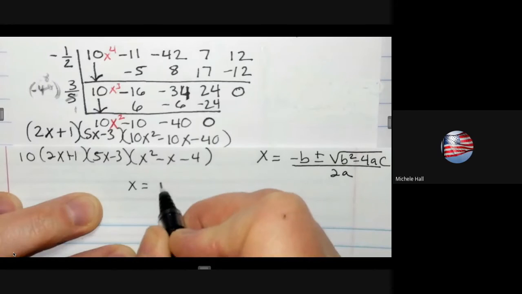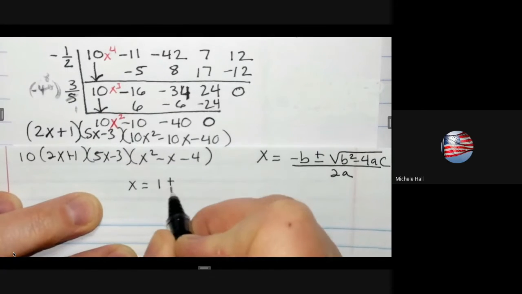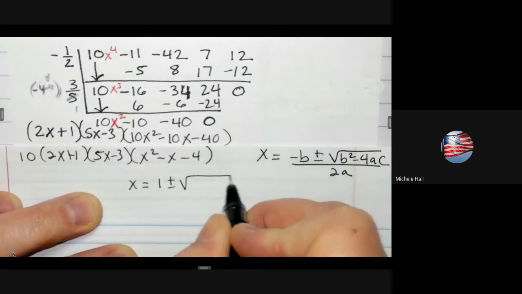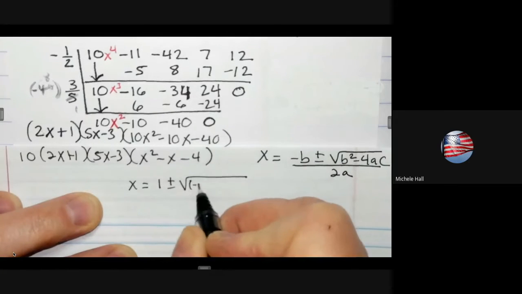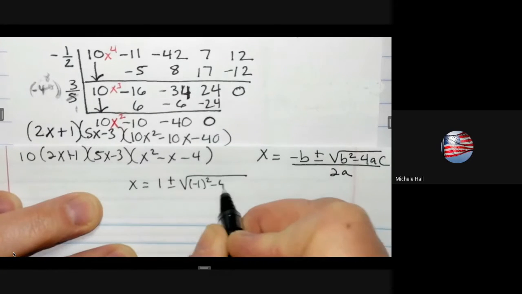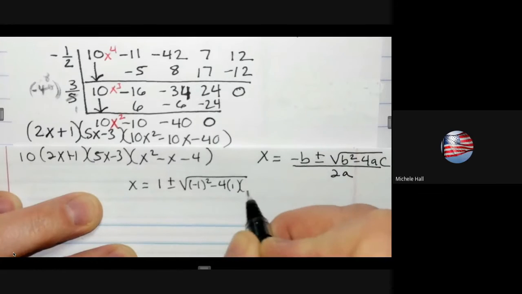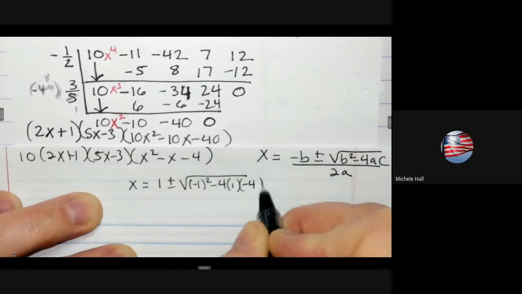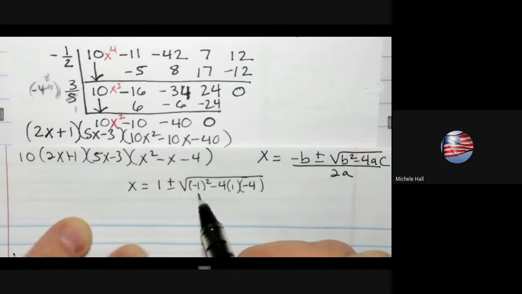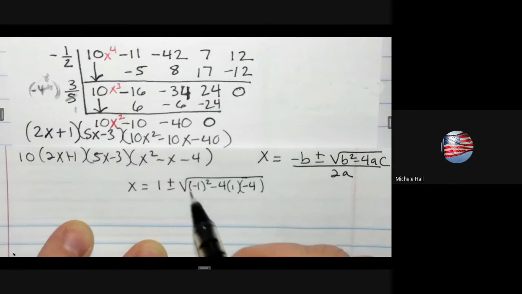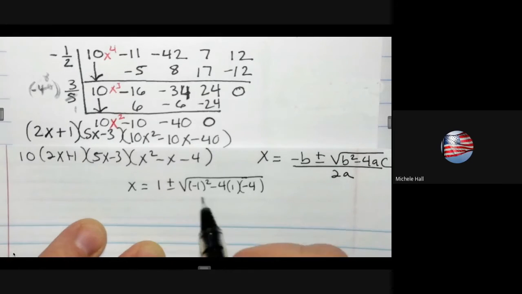-1 is going to be a positive 1 plus or minus the square root of b squared minus 4 times a times c, which is -4. And again, remember that b was negative. This needs to be in parentheses because the negative is also being squared. Common student mistake.